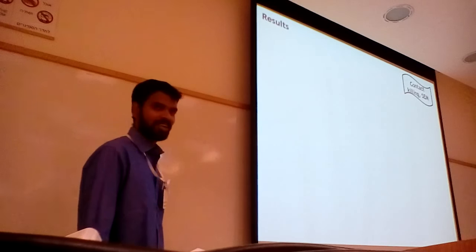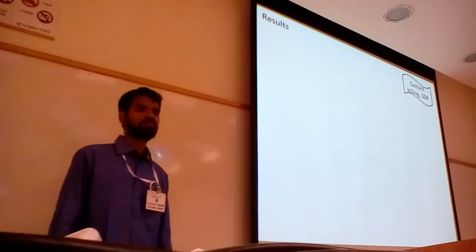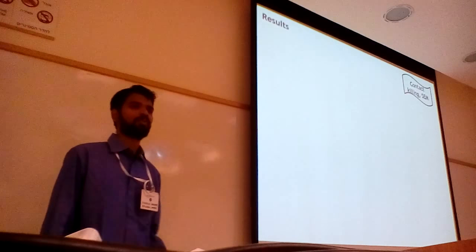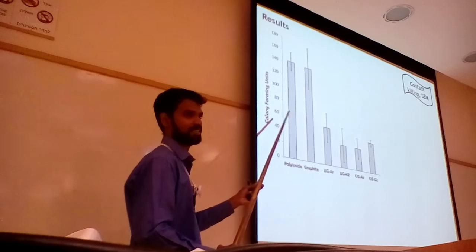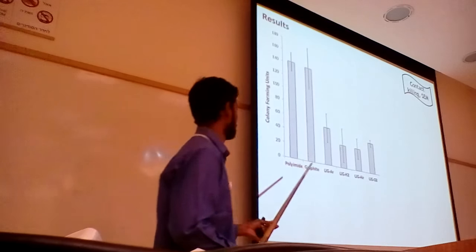So when we did contact killing, we looked for the amount of viable cells after the bacteria were incubated with graphene surfaces. We see that the number of viable cells for our control samples, polyimide and graphite, is about 140. CFUs refers to colony forming units, the number of bacteria.